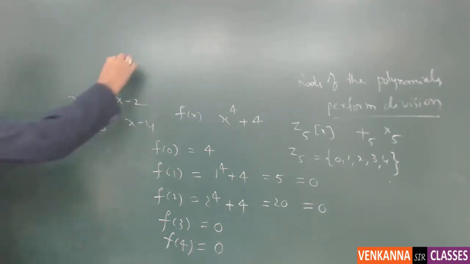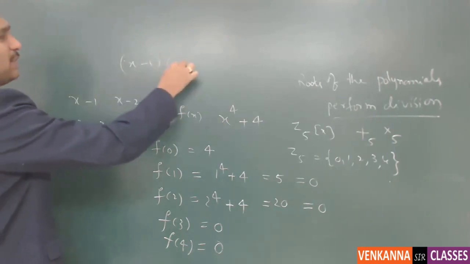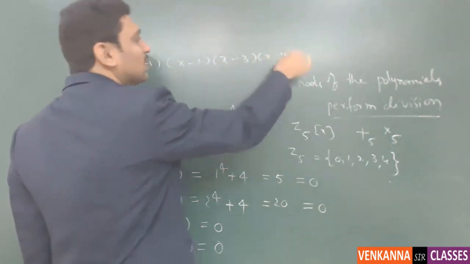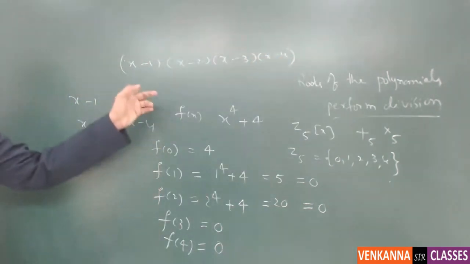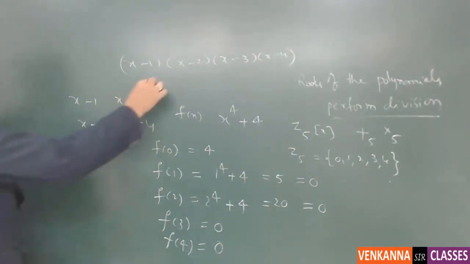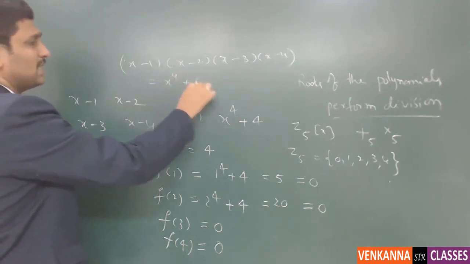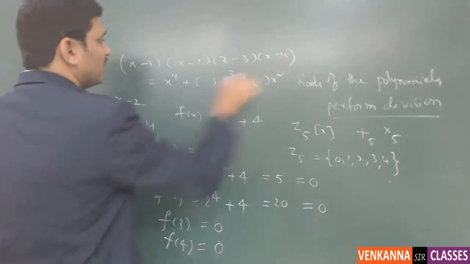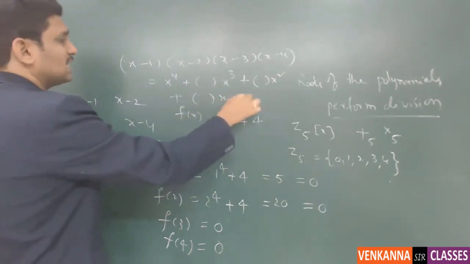So, if you consider the product of the factors x minus 1, x minus 2, x minus 3 and x minus 4, here you will get a fourth degree polynomial, x power 4 plus some coefficient times x cube plus some coefficient times x square plus some coefficient times x plus 4.